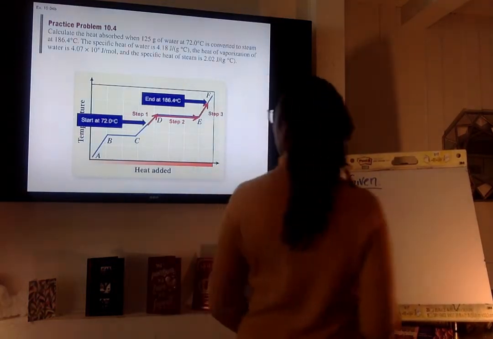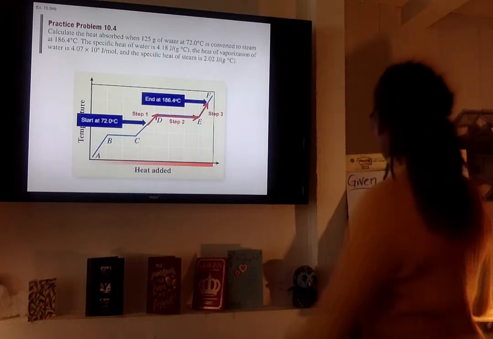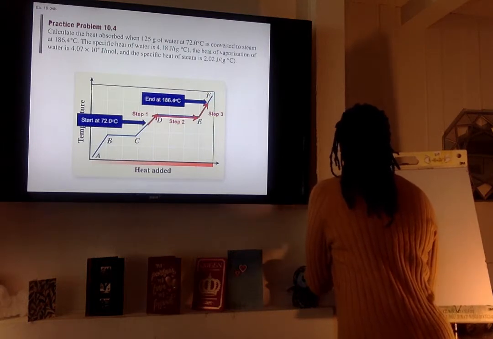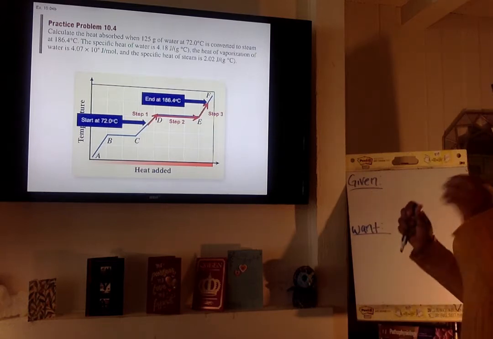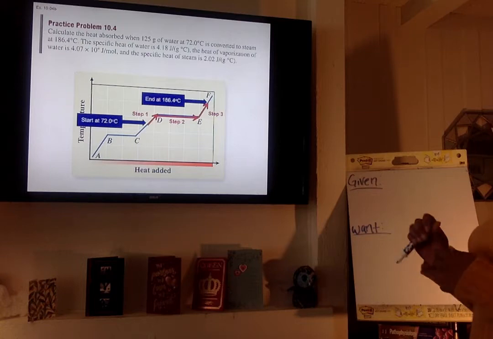Well, first it actually tells us what we want. That's the first thing it says: calculate the heat absorbed.